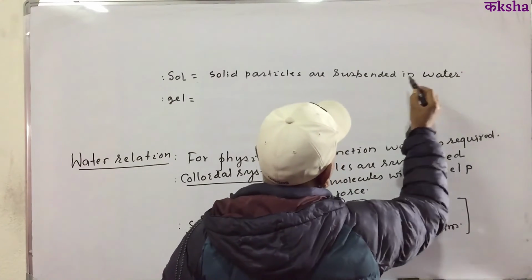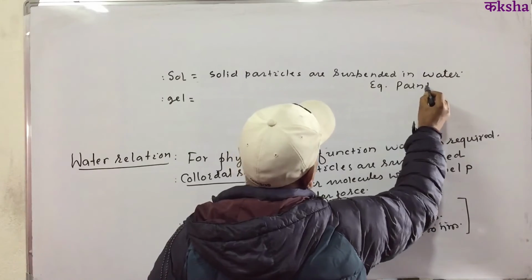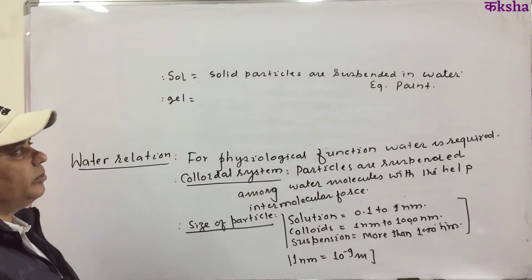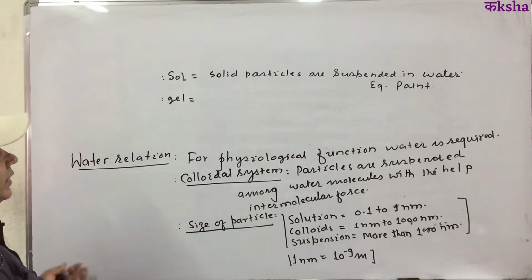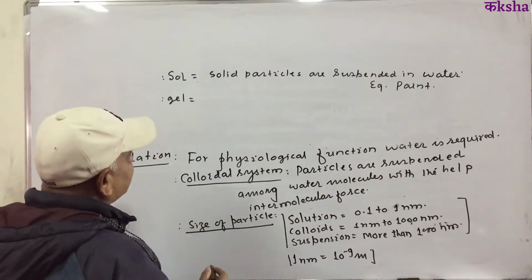It is known, for example, as wall paint, or paint like this. So it has a combination of both particles and water. Gel, what is gel?